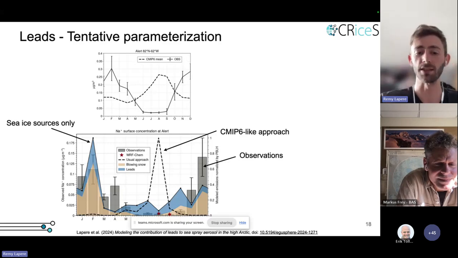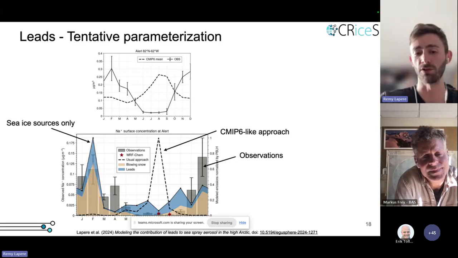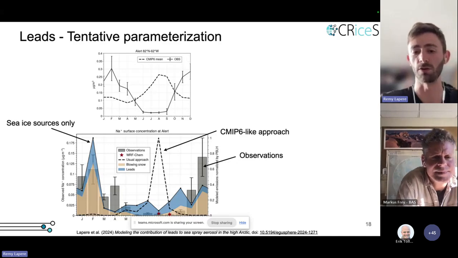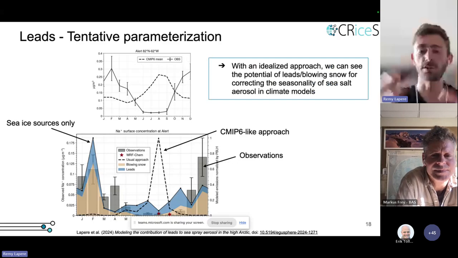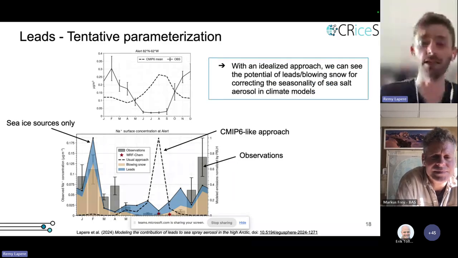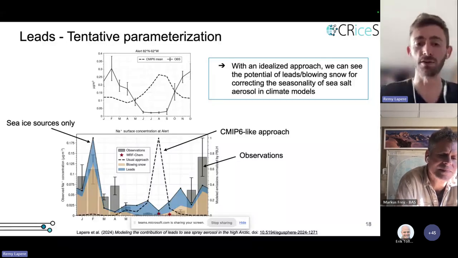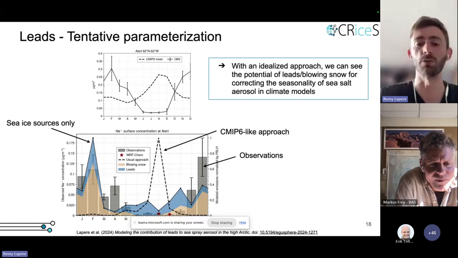And you can see that it's not perfect, but all of a sudden you get a much better agreement on the seasonality of sea salt aerosol concentration if you consider even only sea ice sources of sea salt aerosols, that would be leads and blowing snow. So even in this idealized framework with a quite basic parameterization of leads, we get the sense that indeed we could improve the seasonality in climate models by including sea ice sources of aerosols, which proves our point that this is what was missing to begin with.